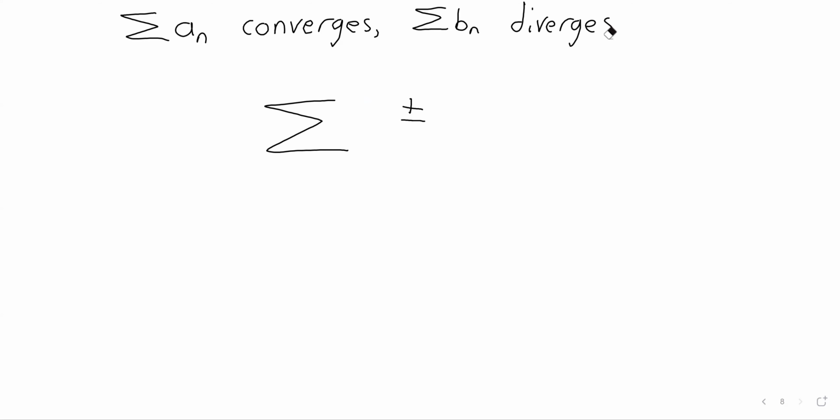Then this diverges. And it might help to think that most divergent series we look at in day-to-day mathematics are diverging because the sum is getting infinitely big. It's going to infinity.